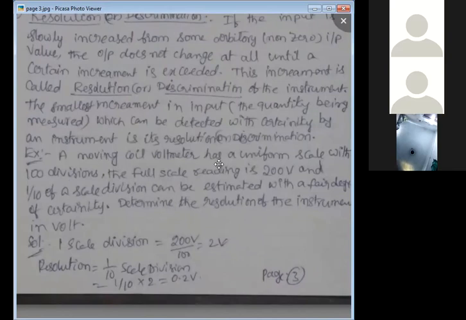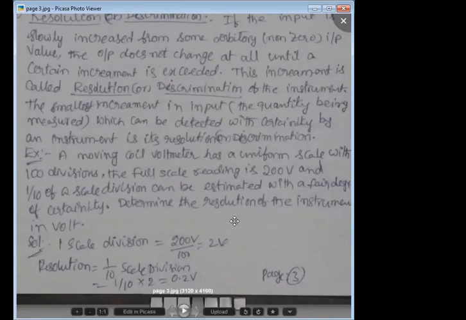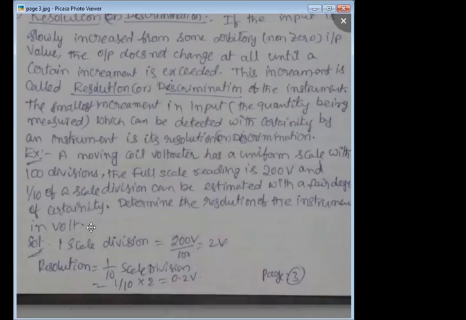A moving coil voltmeter has a uniform scale with 100 divisions. The full scale reading is 200 volts, and 1 by 10 of a scale division can be estimated with a fair degree of certainty. Determine the resolution of the instrument in volts. Suppose we have a scale of 100 divisions, an analog meter, and with those 100 divisions we can measure up to 200 volts.